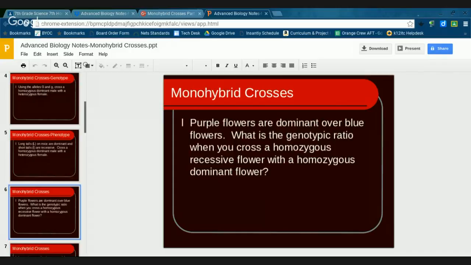So for our genotypic ratio, remember that the order is the number of homozygous dominant to the number of heterozygous to the number of homozygous recessive. With this one, none of the offspring in the boxes are going to be homozygous dominant.